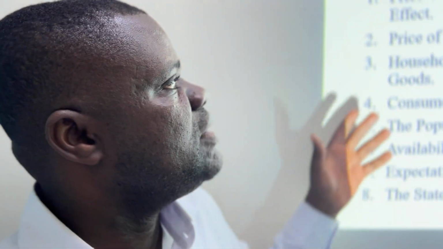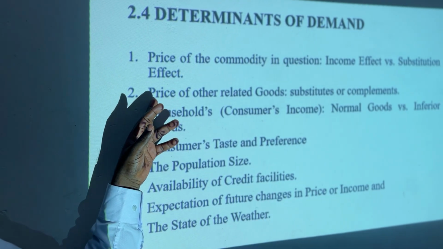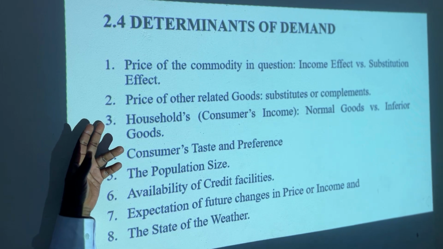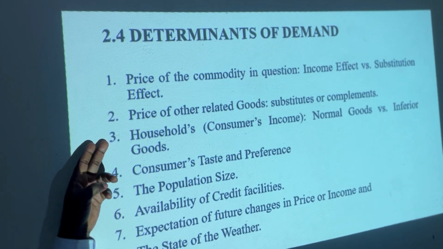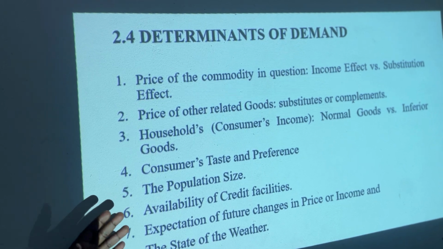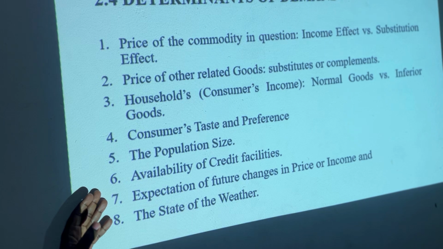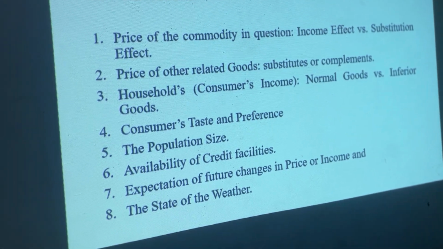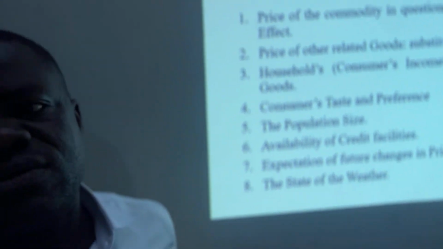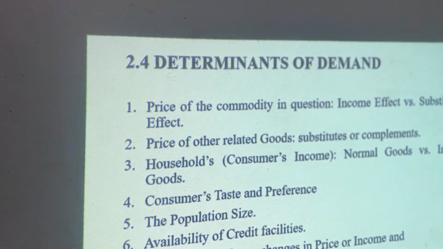And the factors are: one, the price of the commodity in question, prices of other related commodities, then the income of the consumer, consumers' taste and preferences, population size, availability of credit facilities, expectation of future changes in price or income, and then changes in the weather conditions or the state of the weather. So without much ado, let's look at the first factor, which is the price of the commodity in question.